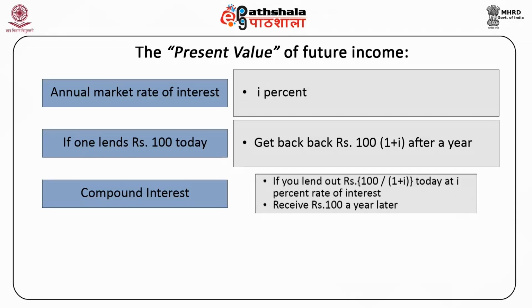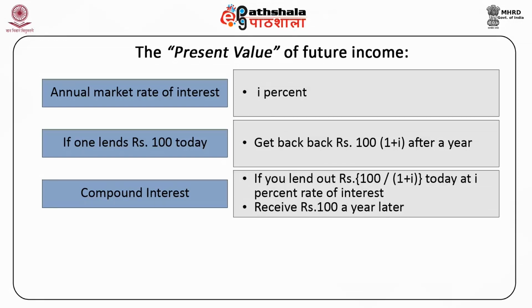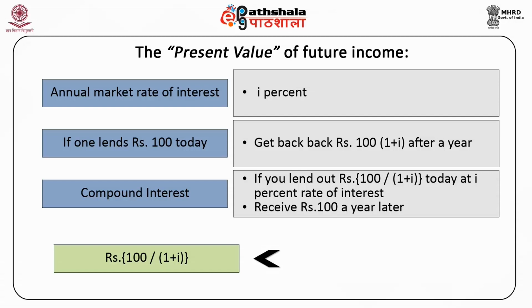This means if you lend out rupees 100 divided by (1 plus I) today at I% rate of interest, you will receive rupees 100 a year later. Clearly, rupees 100 divided by (1 plus I) is less than rupees 100, and it is the present value of rupees 100 one year later.